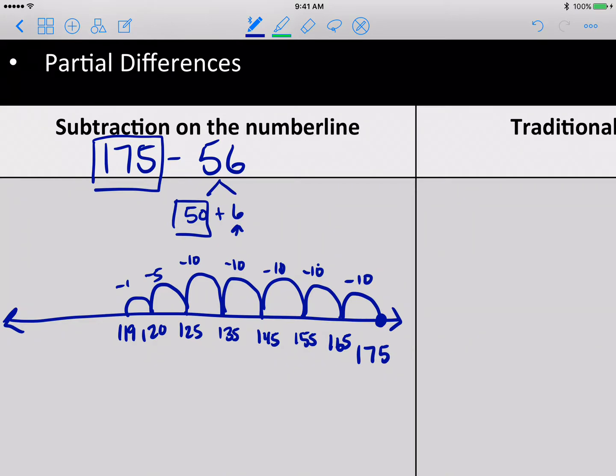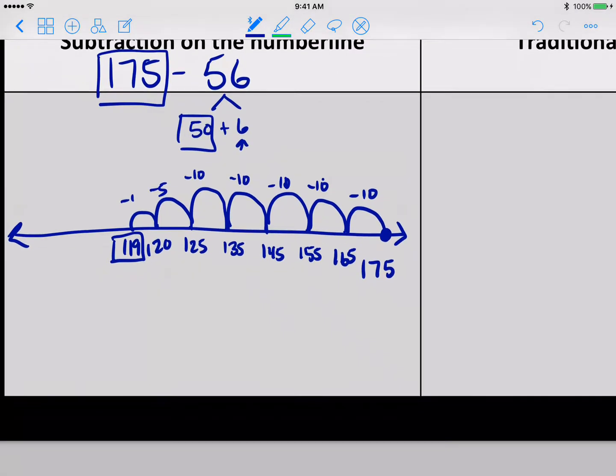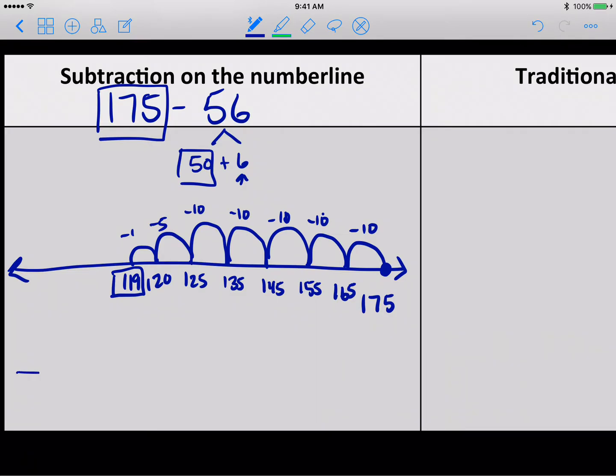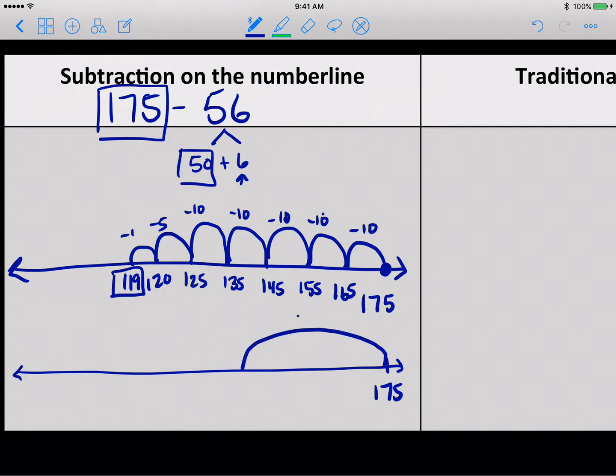Okay, now, so our difference in this one is 119. If I did this another way, I'm going to start at 175, and I'm going to make a jump of 50 this time. So 175 minus 50.